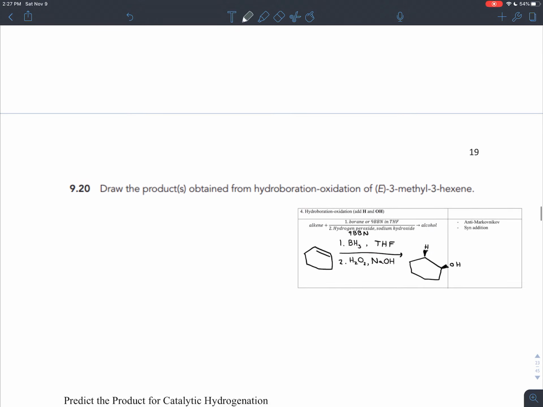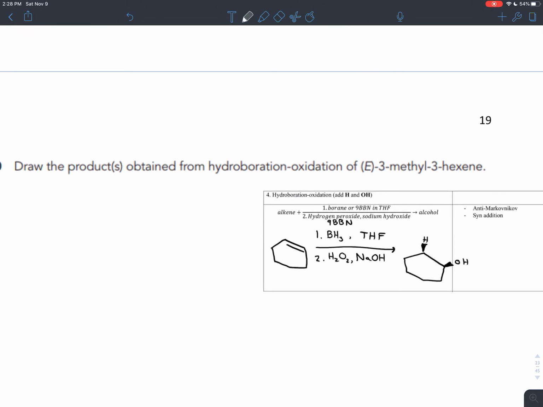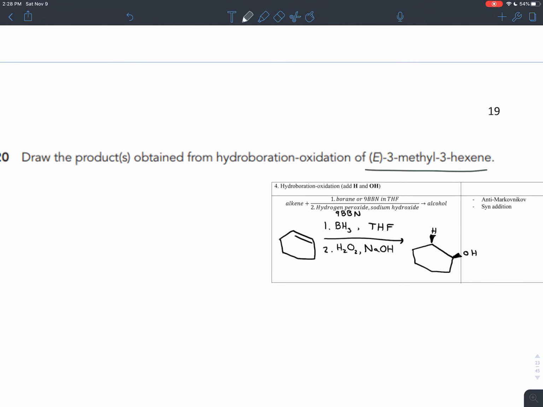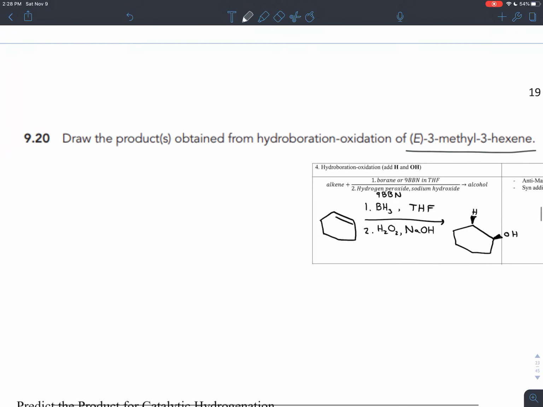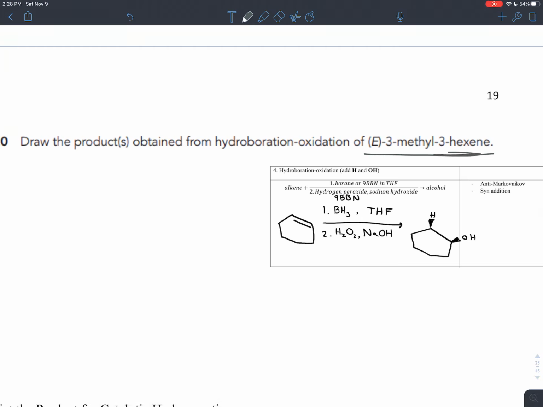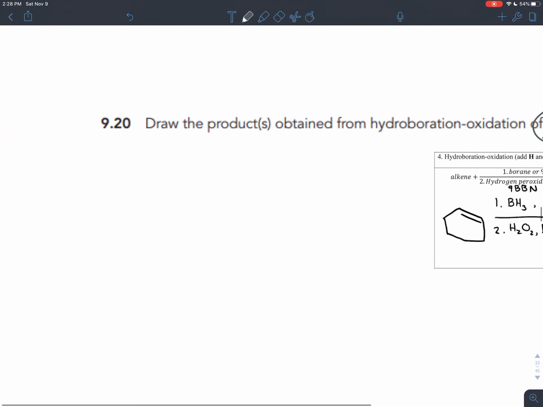Okay. One last way of talking about hydroboration-oxidation is with this naming. So let's try to name this, to draw this molecule's name, and then go through the steps for hydroboration-oxidation. So first, start by drawing the backbone. Here we have 3-hexene. Now if you're drawing a double bond that has stereochemistry, start with a double bond.